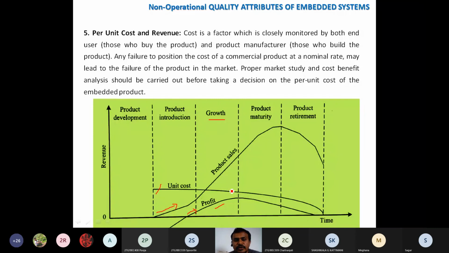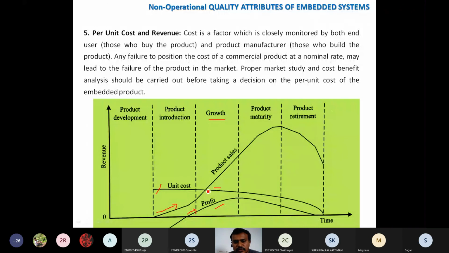Based on the revenue he is receiving, he is going to reduce or increase the unit cost. If the revenue is more or the product sales are more, the manufacturer is going to think about decreasing the unit cost so that he can attract more users to buy that product.